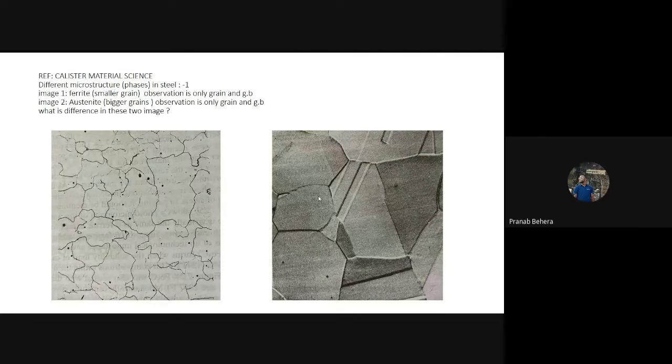But suppose it is a eutectoid steel, then 727. Very good. Eutectoid temperature means eutectoid composition, 0.8%. Okay, so you understand why ferrite is small and austenite is bigger, because it forms at a high temperature. The grain becomes coarser at high temperature. Why does the grain become coarser at high temperature? What is the mechanism?